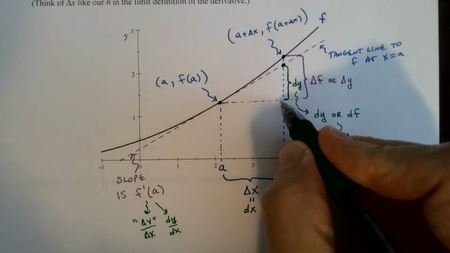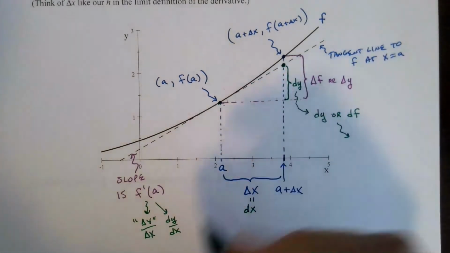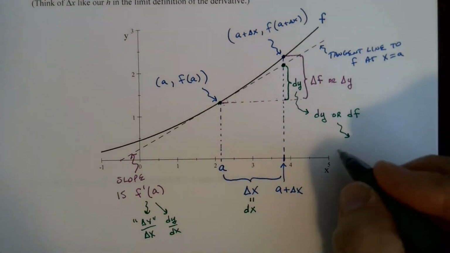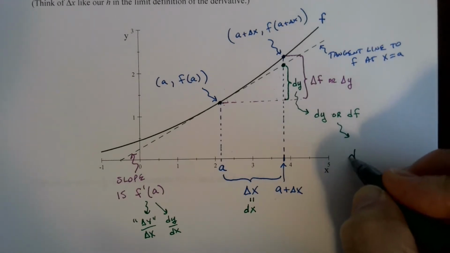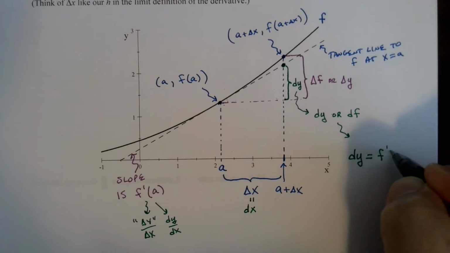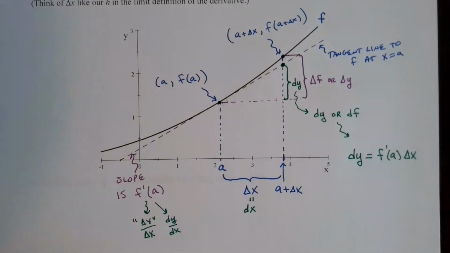Since it's the rise over the run, if I multiply it by the run, I get the rise, the change in y. And so here it is: dy is equal to the slope, f prime of a, times delta x, or dx.